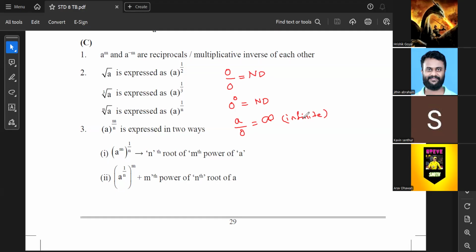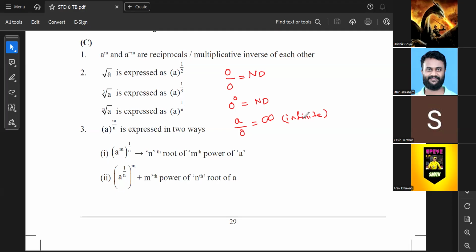Yep, Rishik, tell me. 0 raised to the power 0 is not defined. Isn't it supposed to be 1? No. See, that's why I said in the law also it is written any number raised to 0 is 1. But that law is not applicable for 0 raised to 0.